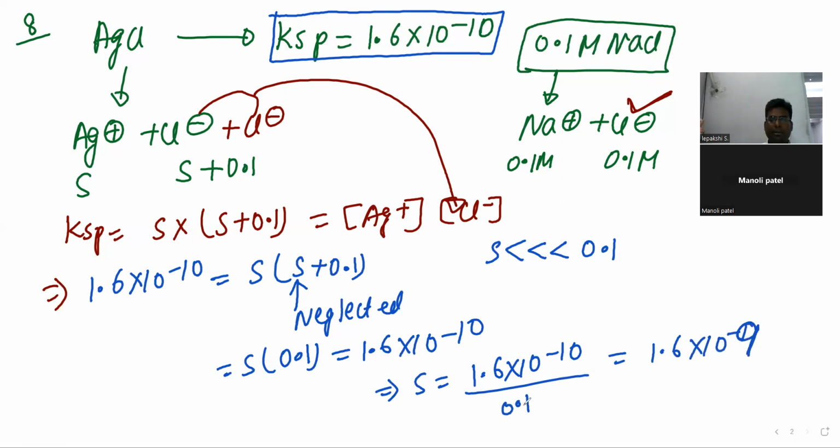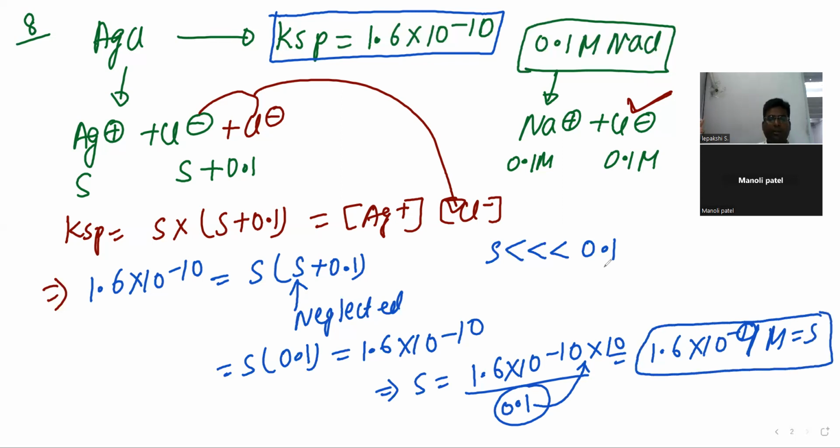Why minus 9? Because the 0.1 comes in the upper part as a 10, so 10^-10 is reduced. This will be the value of solubility, so please write it down now. It was asked in 2016, page 2.